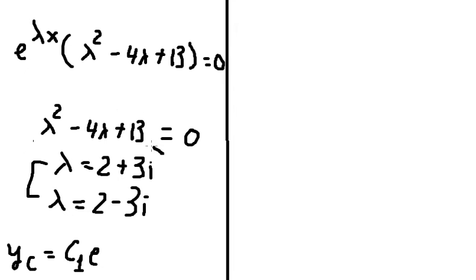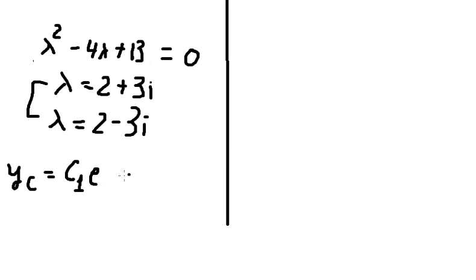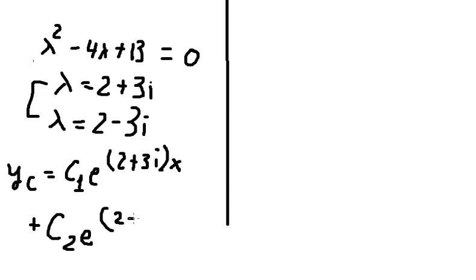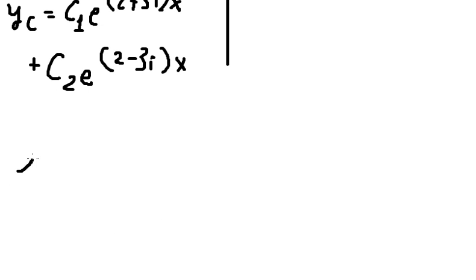So we need to change lambda into this one, plus c2 e to the power of (2 minus 3i)s. So we have the formula in here.